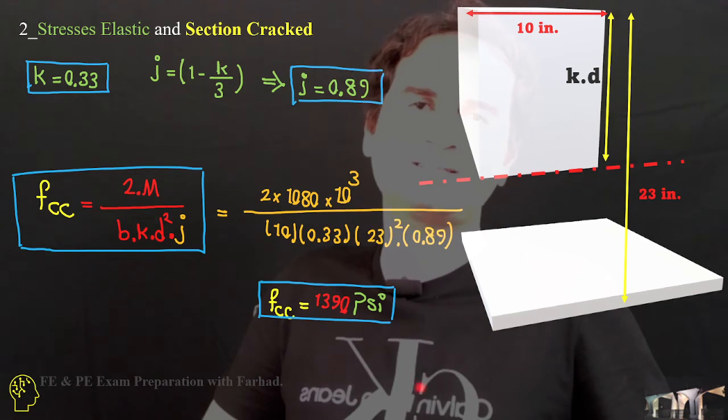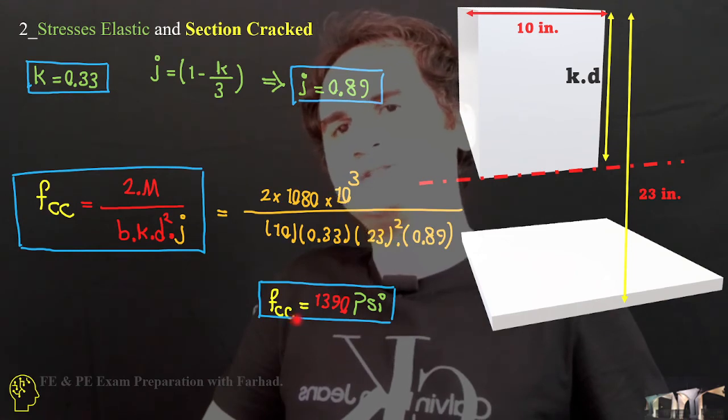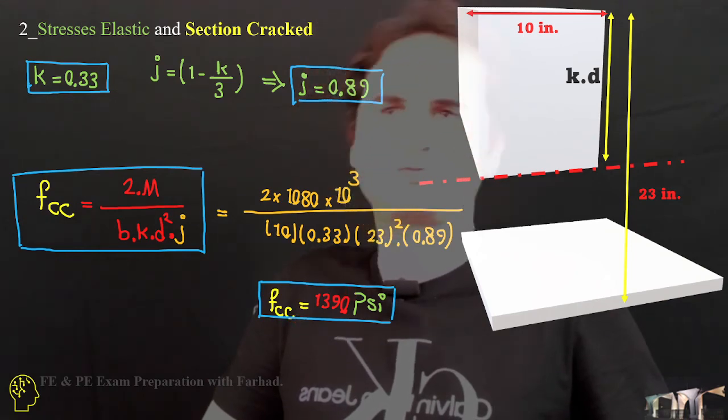And if you replace that in the equation, it gives you a compressive stress of concrete of 1,319 pounds per square inch.